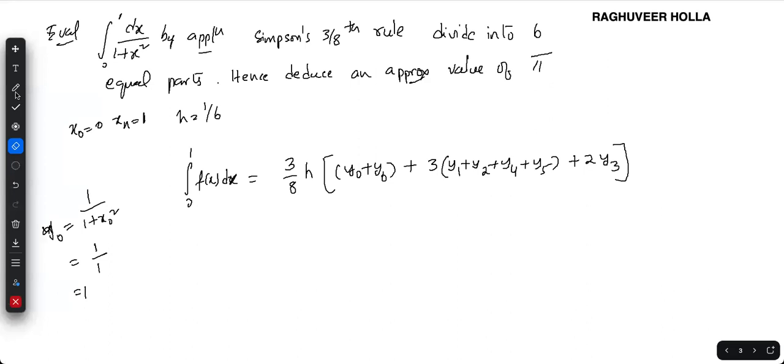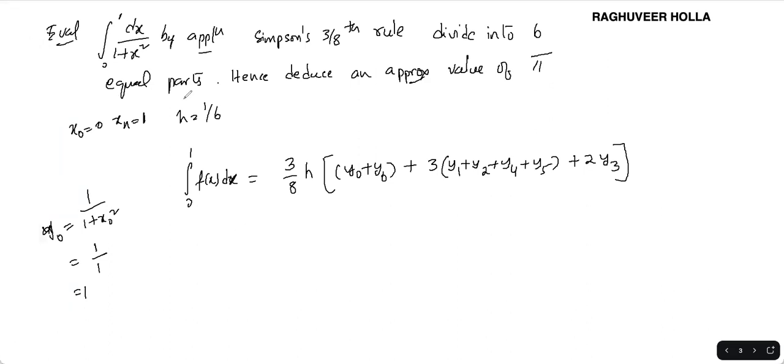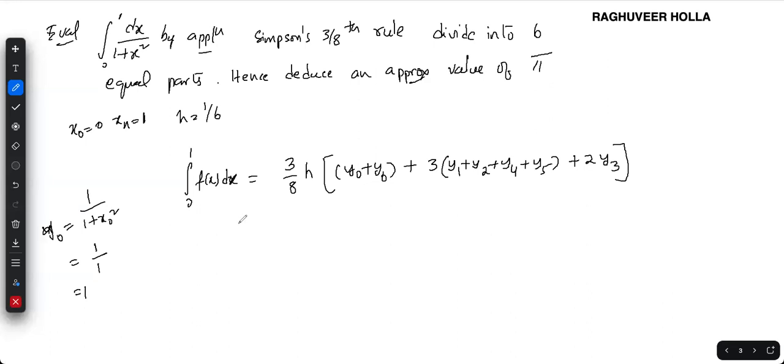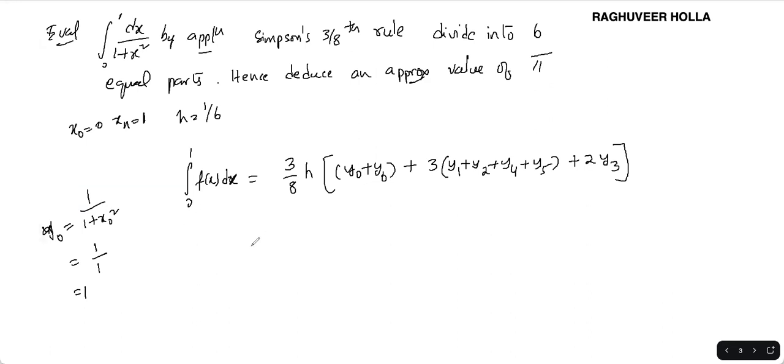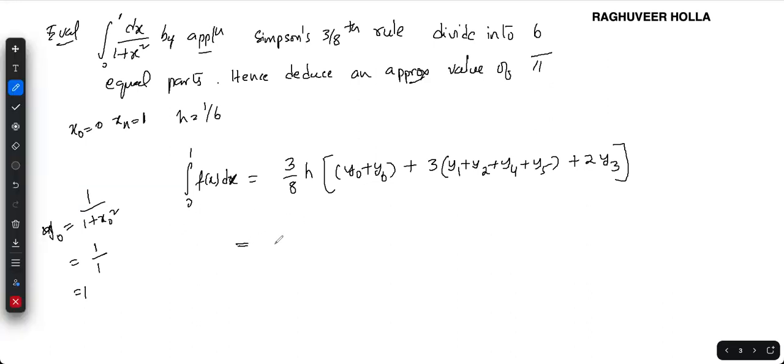By substituting these values of y0, y1, and so on up to y6, we can find the final solution, which is 0.785395. So this is I.